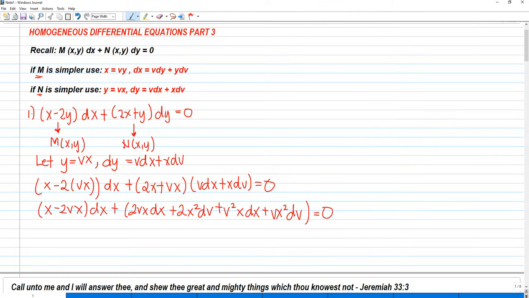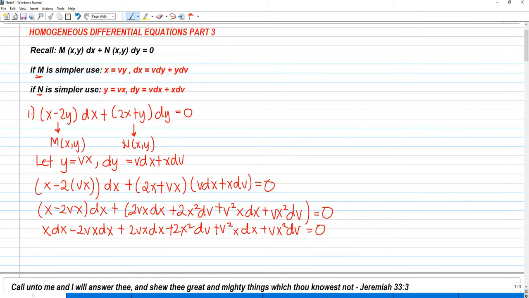So, distribute the dx. We have x dx minus 2vx dx. Then we are going to simplify terms in dx and dv before we integrate. Are there any cancellations?